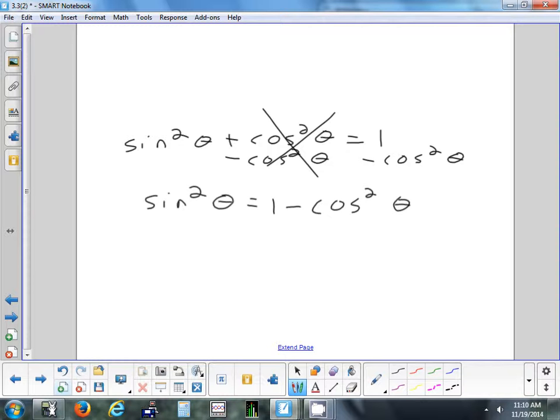That's not a new identity. That's the identity I just showed you, rearranged a little bit. And you could have rearranged it by subtracting sine squared from each side. I'm not going to rewrite every single identity every single way it can be written, because that's going to add a lot of extra stuff. But I just want you to understand the idea that identities can be rearranged. Any question on how this comes from the original identity?